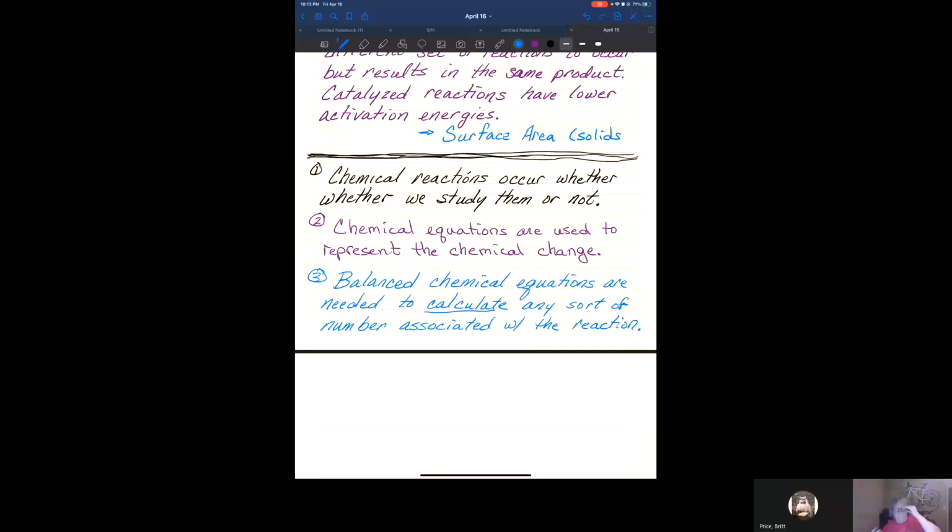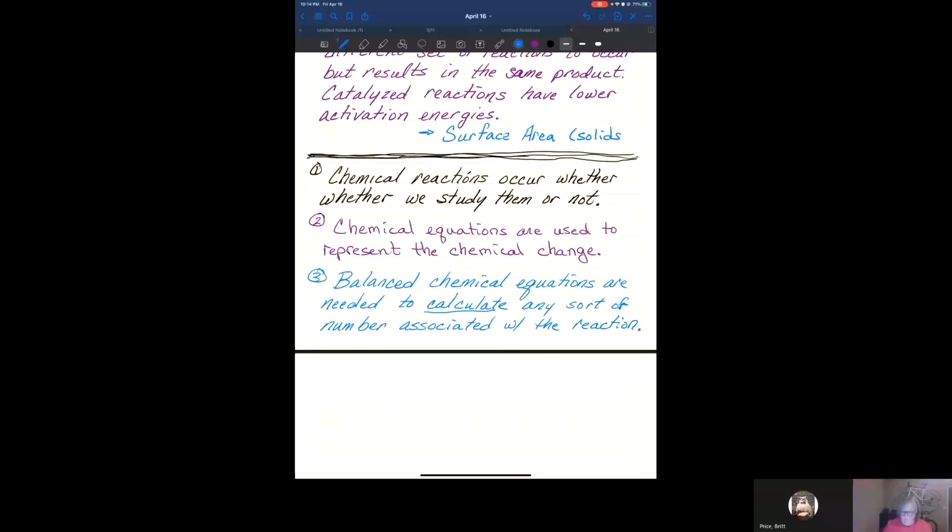So writing down this chemical equation and then taking it a step further and getting to a balanced chemical equation. We only need it for calculations.